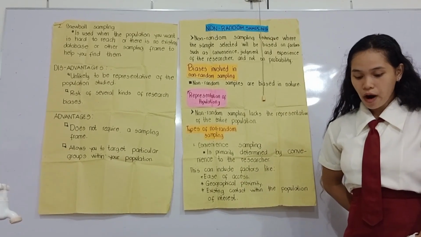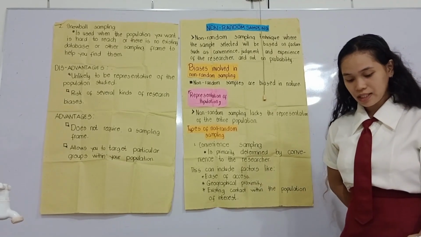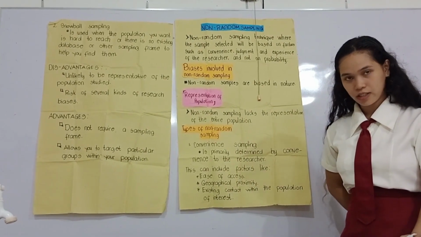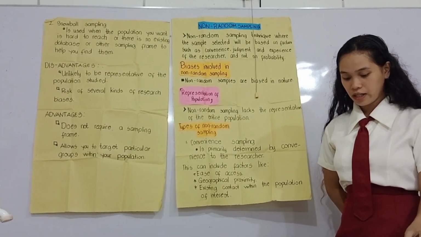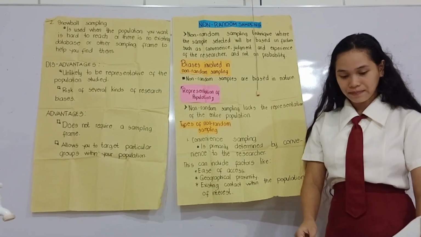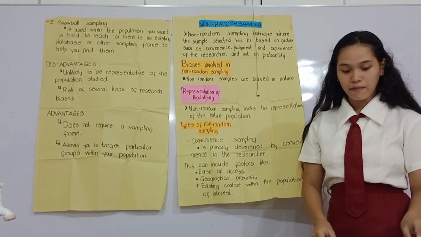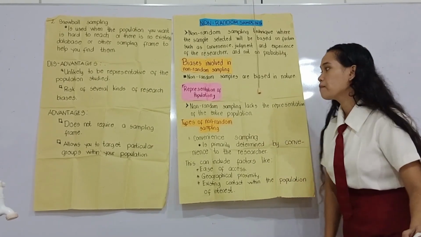For example, you are investigating daily shopping patterns. You decide to stand outside a major shopping mall in the area for a week, stopping people as they exit and asking them if they are willing to answer a few questions about their shopping.